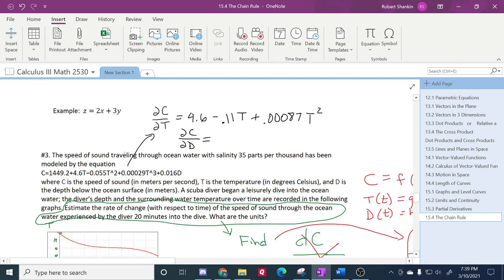When the temperature increases by 1, this thing doesn't change, so that's why its derivative is 0. This increases by 4.6, this one depends on what the temperature was, and the depth won't change by increasing the temperature. So that's why it's plus 0. And also what Matt was saying, it's just a constant.